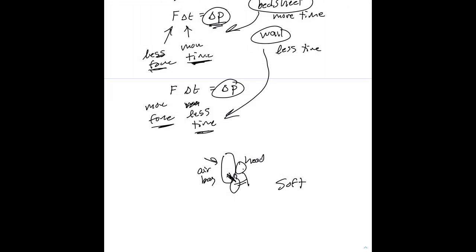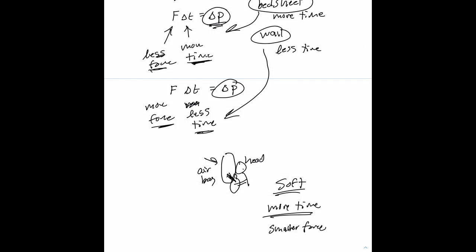You might say, well, I want my head to hit an airbag because the airbag is soft. I think what we're really saying when we say we hope our head hits a soft object is because soft objects make collisions last for more time. Whenever a collision lasts for more time, you get the same change in momentum with a smaller force.